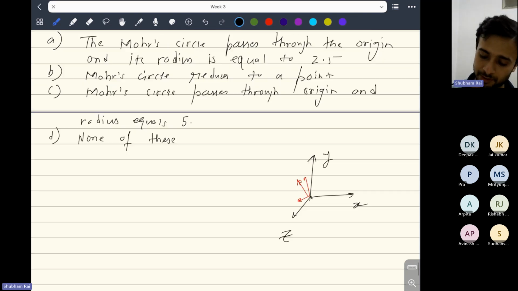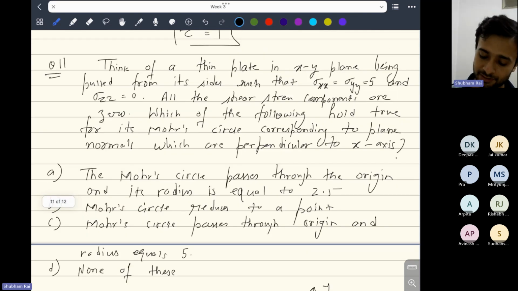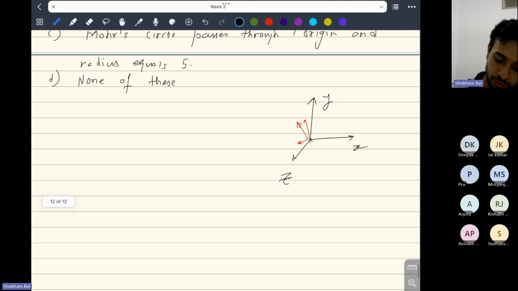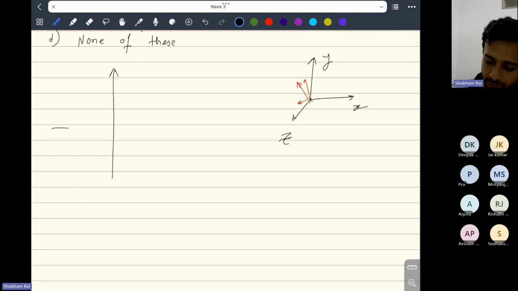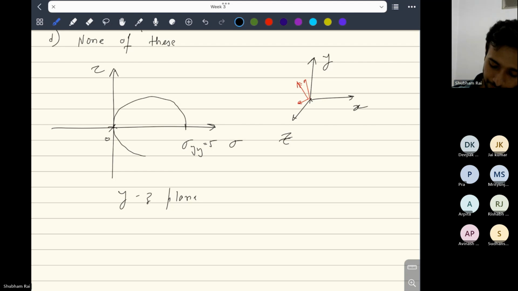So in YZ plane, principal stresses are sigma YY is 5, sigma ZZ is 0. So let's say this is normal stress, this is shear stress, in the YZ plane. Here you will get sigma ZZ, which is 0, and here sigma YY, this is 5, right? The Mohr circle that you will get will be something like this.